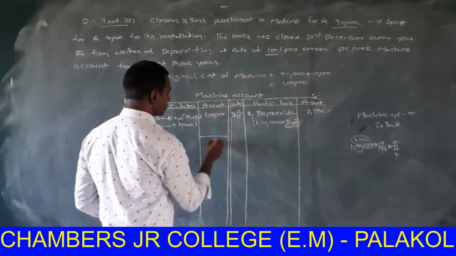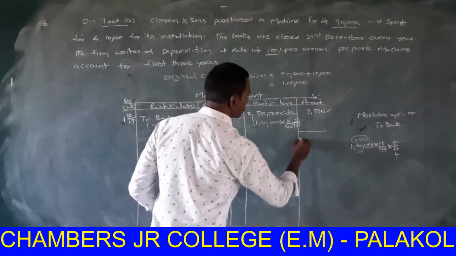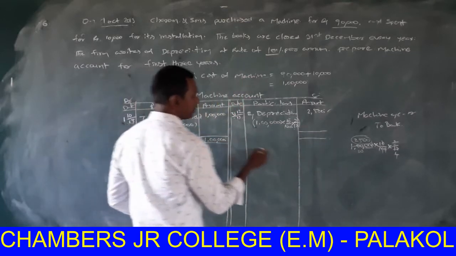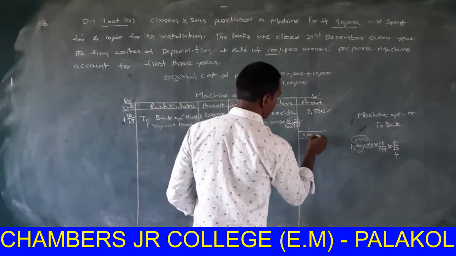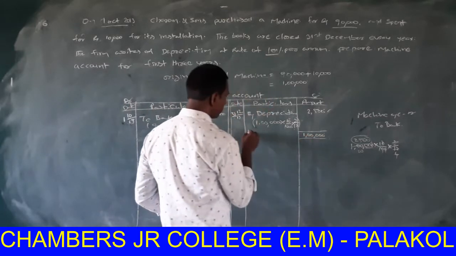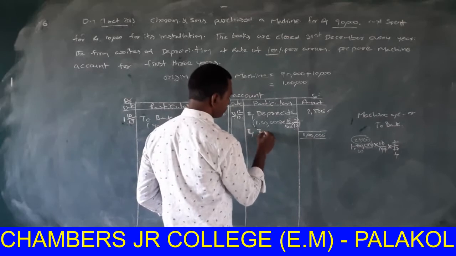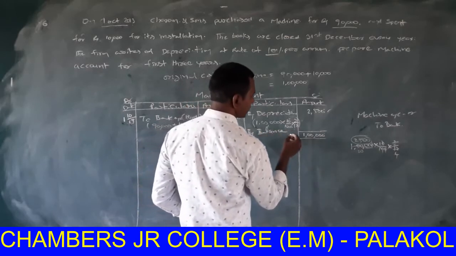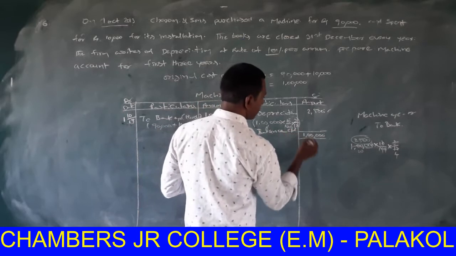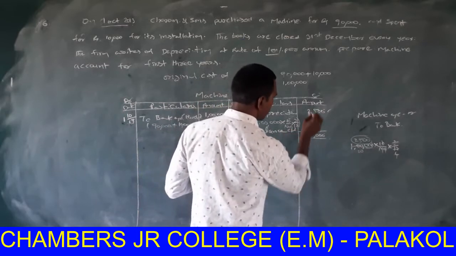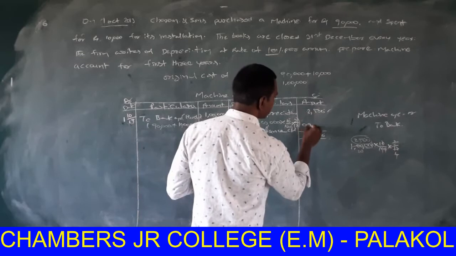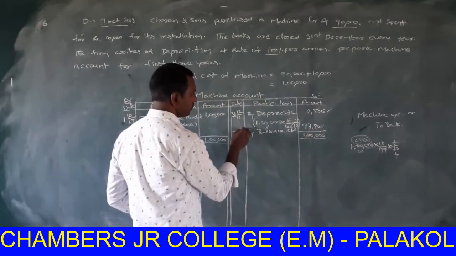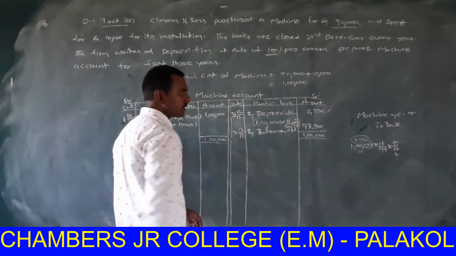So take the total on the debit side, 1 lakh. Here also 1 lakh. The balancing figure by balance carried on: 1 lakh minus 2,500 difference, 97,500. Same date, 31/12/2013.